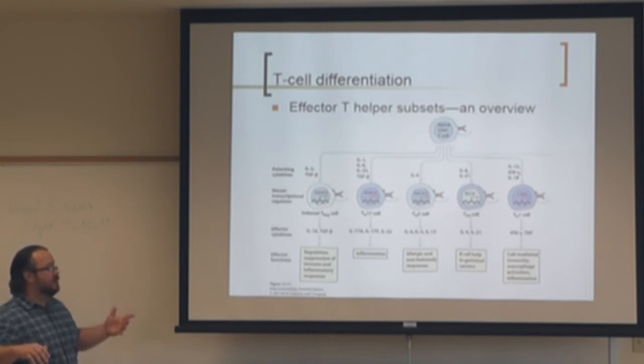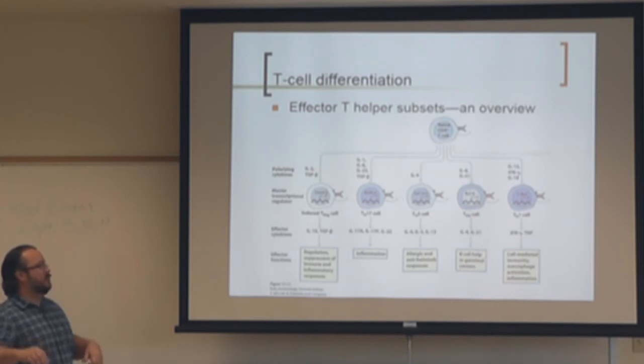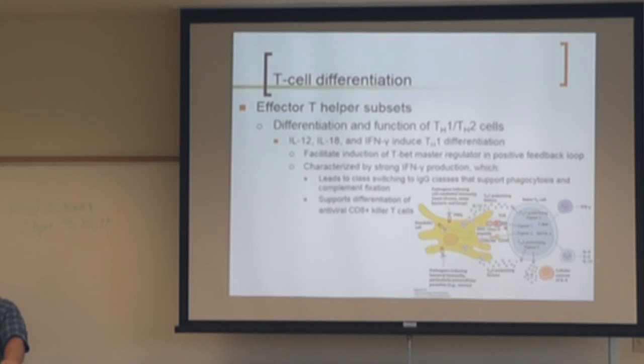T follicular cells are only found in the secondary lymphoid organs, in the zones where T cells and B cells are talking, basically helping to induce B cell proliferation. And Tregs are involved in suppressing immune responses in the periphery.